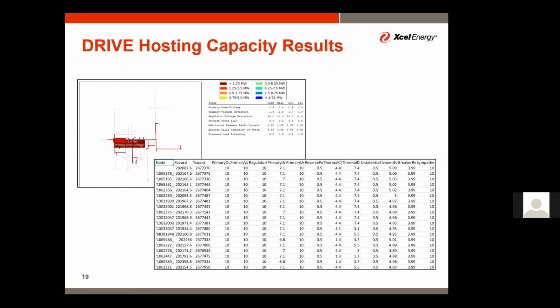So the full map you see here is very similar to the heat map we produce publicly. This nodal output of the drive criteria is not available to the public. I believe we only provide a feeder level tabular analysis.